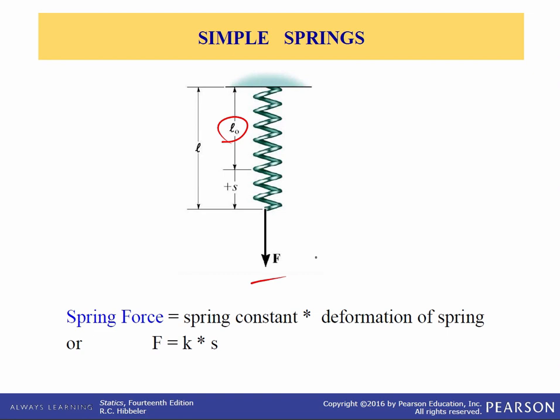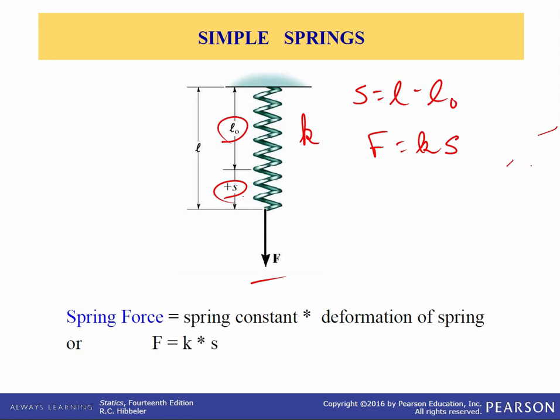A characteristic that defines the elasticity of a spring is the spring constant, or stiffness, sometimes it's called K. The magnitude of the force exerted on a linearly elastic spring, which has a stiffness K and is deformed, elongated or compressed, a distance S, which is equal to the length of the spring minus its unstretched length or unloaded length, is F equals K times S. If S is positive, which causes an elongation, then the force F must pull on the spring.